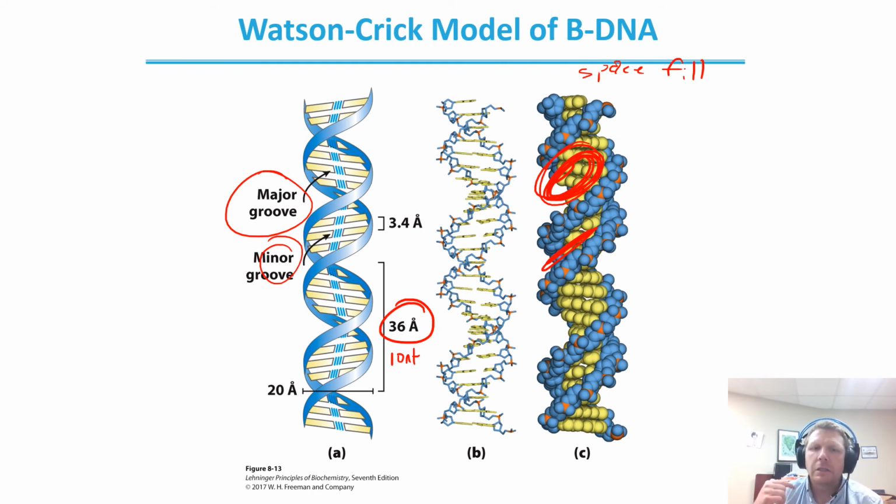The width of this double helix is approximately 20 angstroms. So the height of one base pair is approximately 3.4 angstroms. Starting on this end and following this around, one full rotation is achieved after it's traveled a height of 36 angstroms.